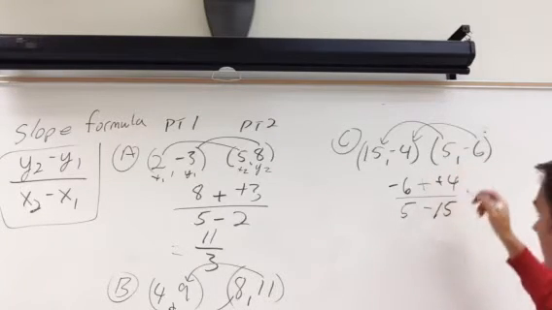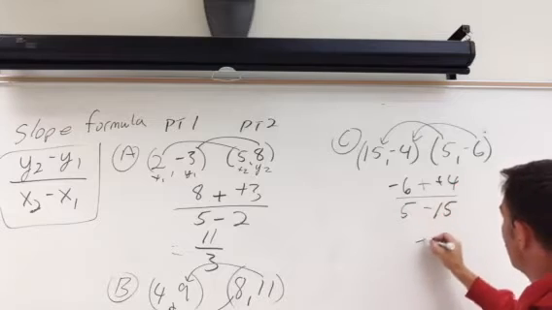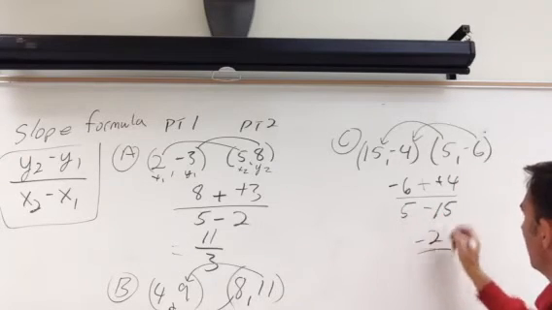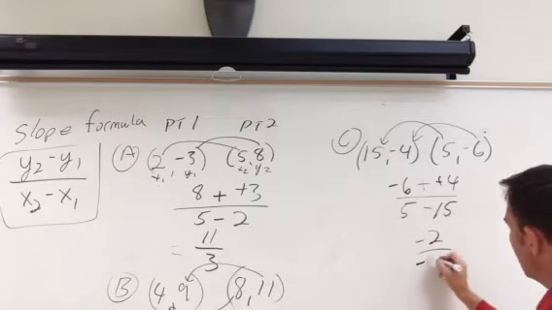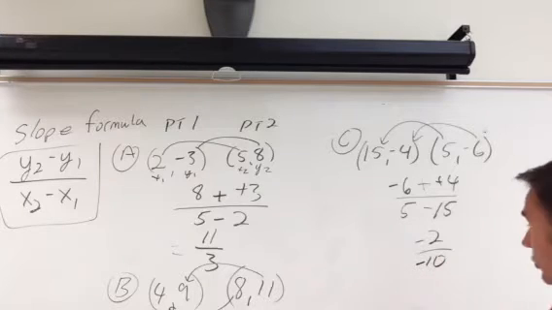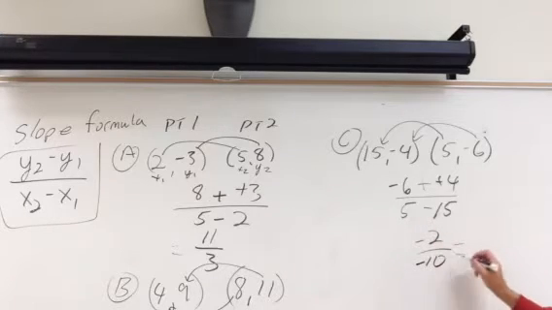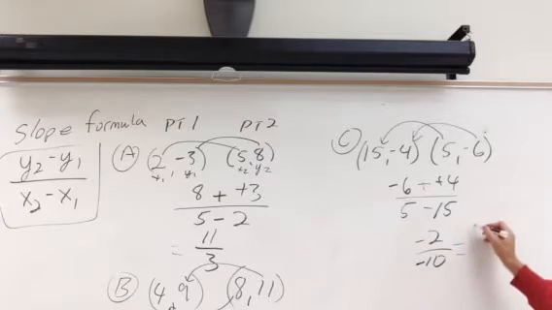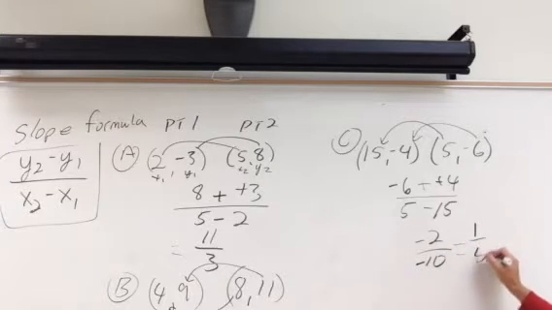Minus a negative. Negative 6 plus 4 is negative 2. 5 minus 15 is negative 10. 2 negatives. The negatives cancel out. 2 goes into 2 one time, 2 goes into 10 five times. So this reduced amount is 1/5.